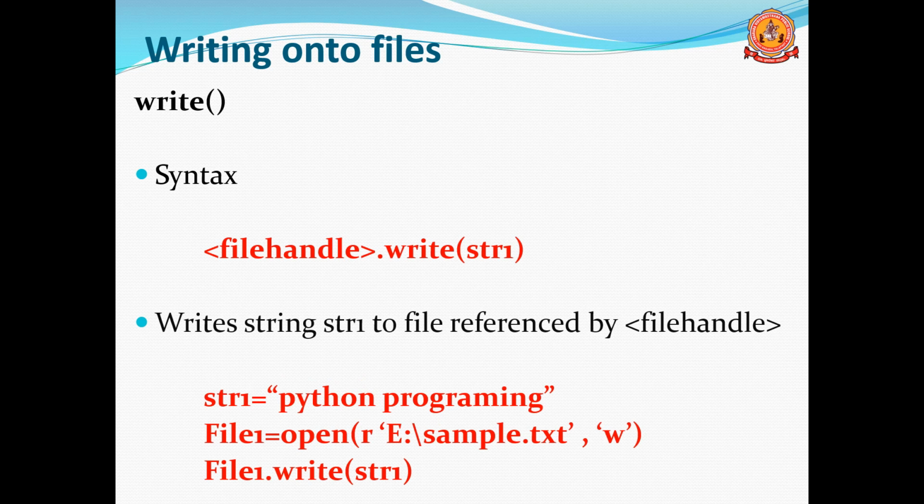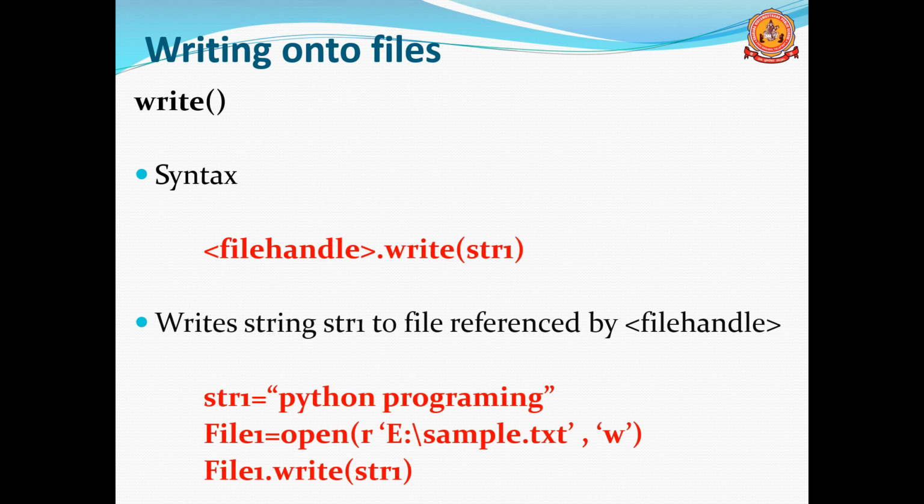First is the write function. You can see the syntax: file handle dot write, str1. Here we are using the file handle, which is an object, to write the data stored in str.